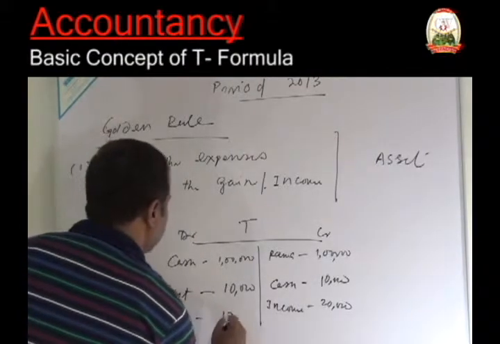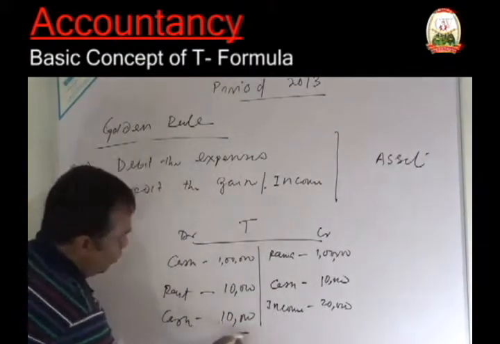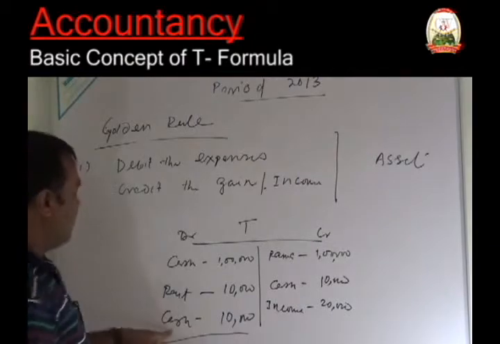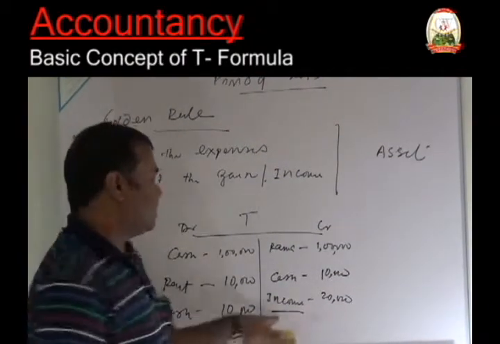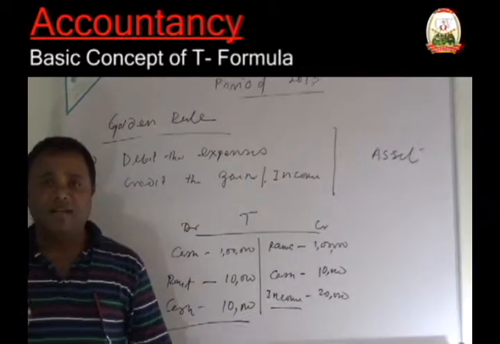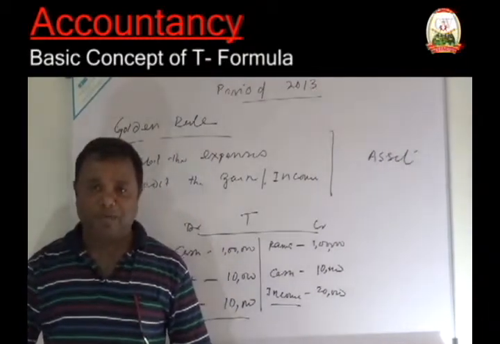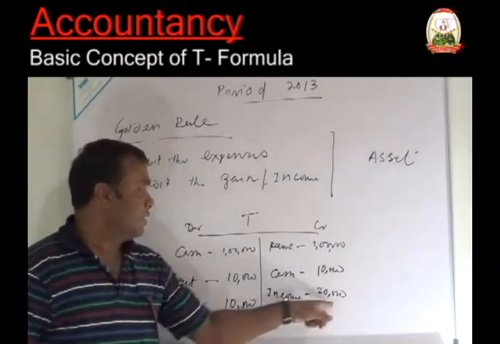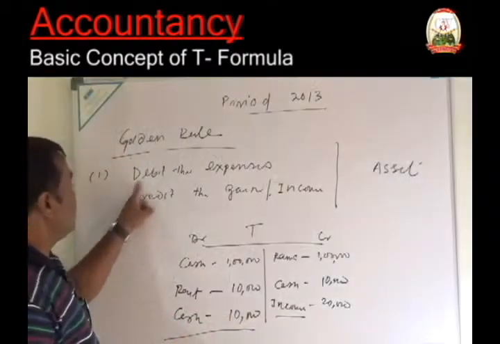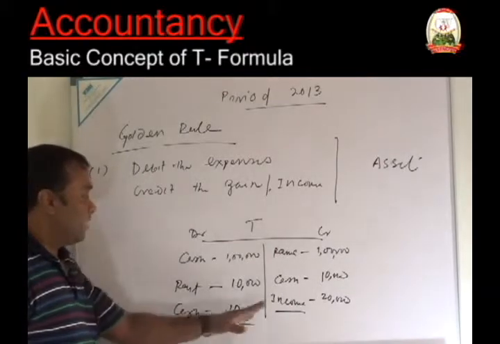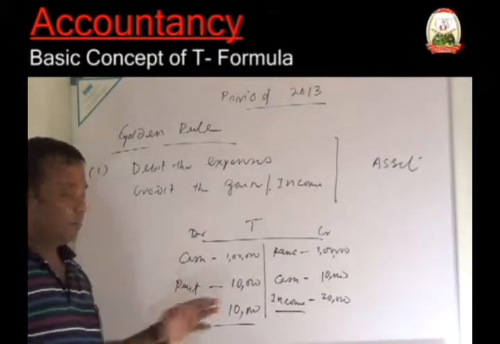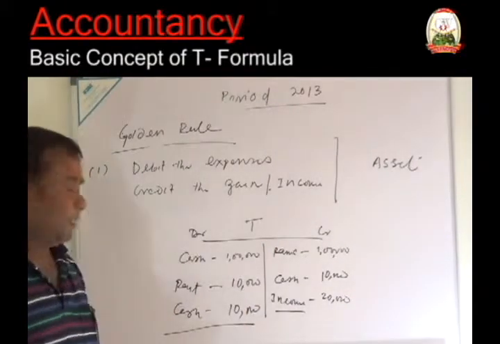You got cash 10,000. What comes in formula is applicable here. Debit what comes in and credit the income, because your father earned the income and put it before you. That relates to a particular period. That means debit the expenses and credit the gain or income. This example complies with this formula.